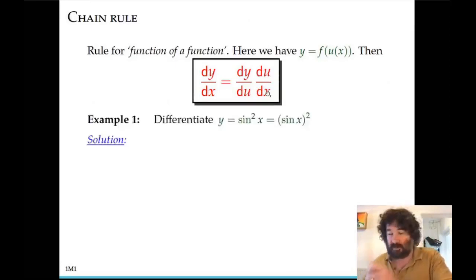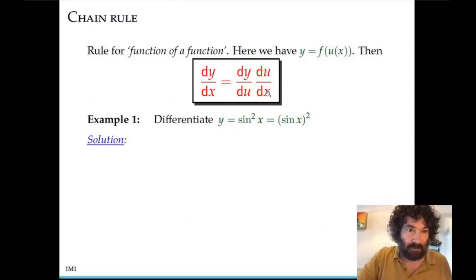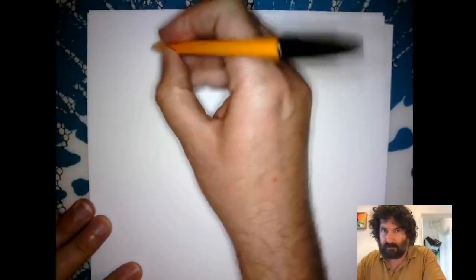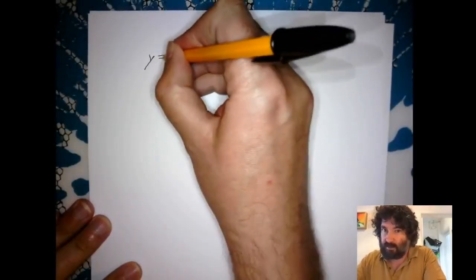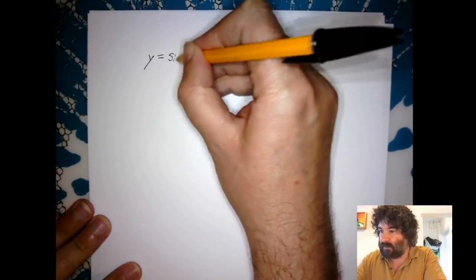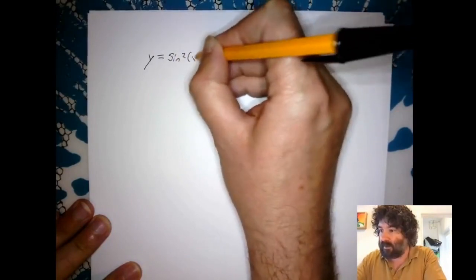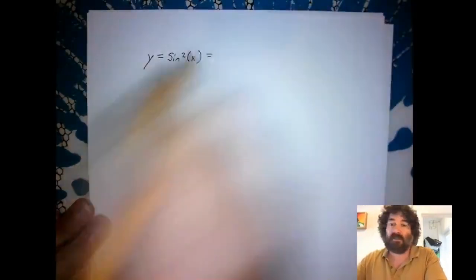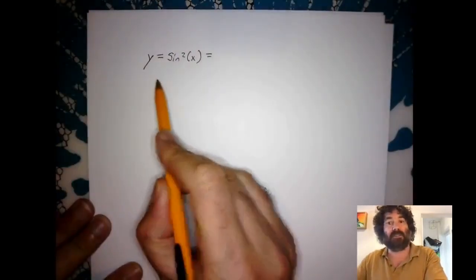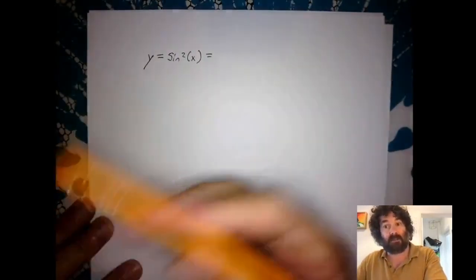Okay, and so let's look at an example using the chain rule, just as with the product and quotient rules. So here we have y equals sine squared of x. So this is a composition of two functions. First, the sine function, and then the squaring function.